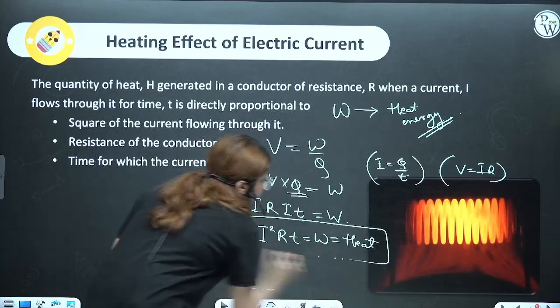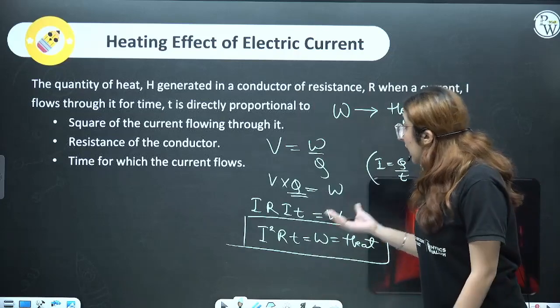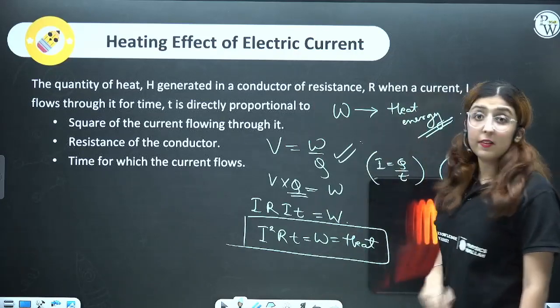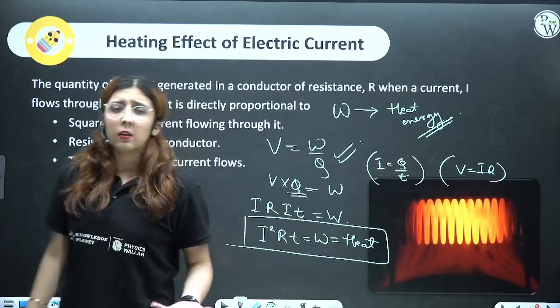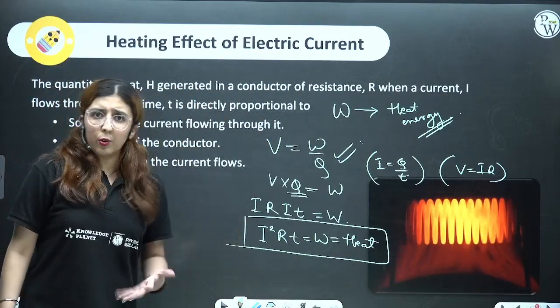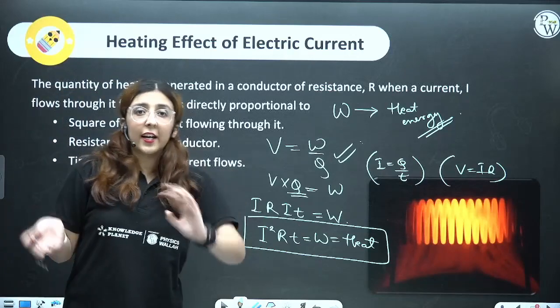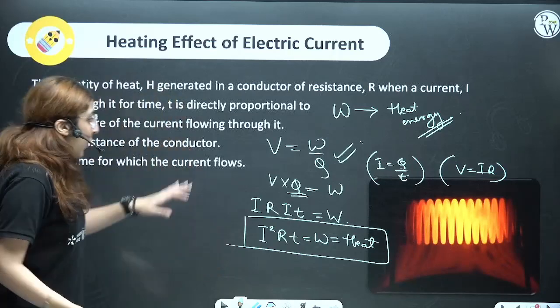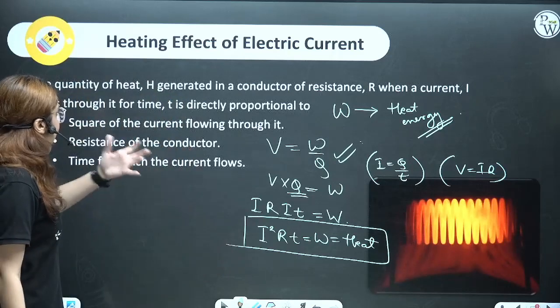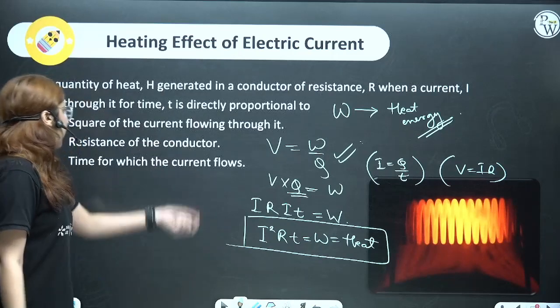That will be nothing but heat energy. So the formula that we talk, H is equal to I square RT, it is actually coming up from the work done only, everyone. I stated this term, no? The work we are doing is converted into heat. So over here energy and work are interrelatable. You can use these two terms interchangeably. Heat is going to depend upon the current, the square of the current, the resistance and the time.